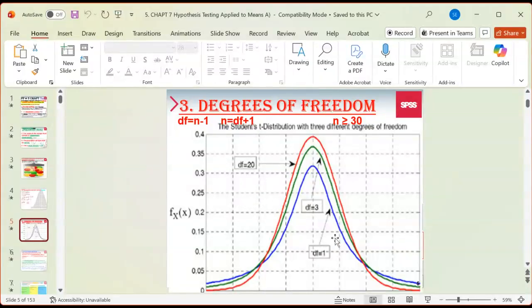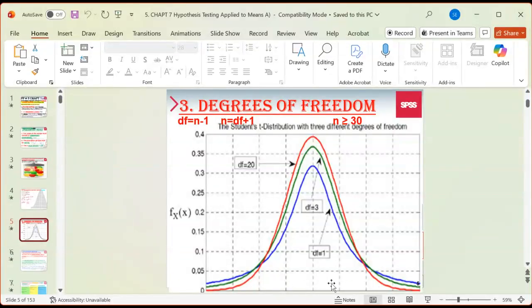So in effect, what is df? df is degrees of freedom. Under the curve are the scores from the participants. Somebody's going to have 100, somebody has 50, somebody 80, 70.